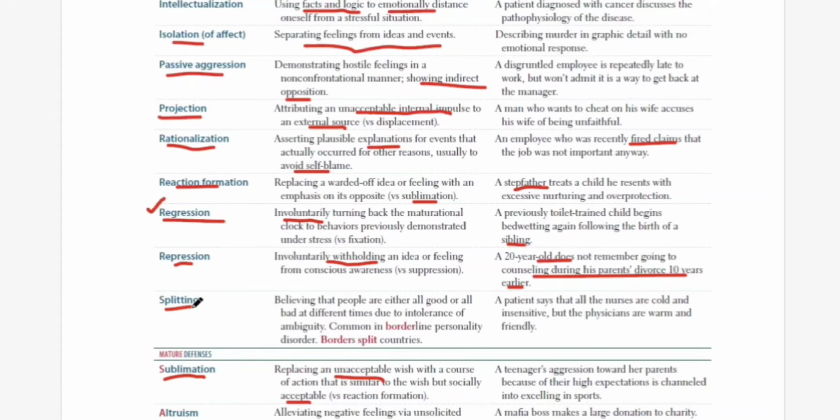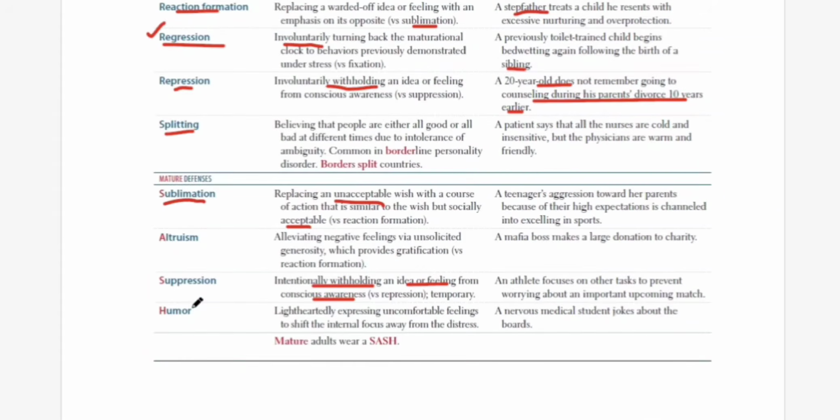You are categorizing nurses and doctors differently, like all doctors are good for you, but nurses are not good for you. This is splitting. You are dividing at extreme levels, right? A few doctors can be rude too, and a few nurses can be friendly too, but you are saying no, all doctors are good, all nurses are bad, they're not friendly. So this is basically splitting.